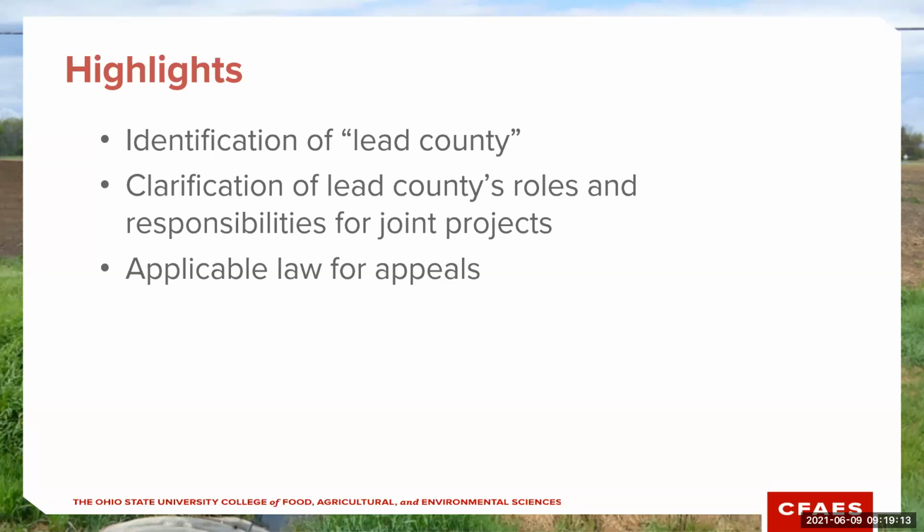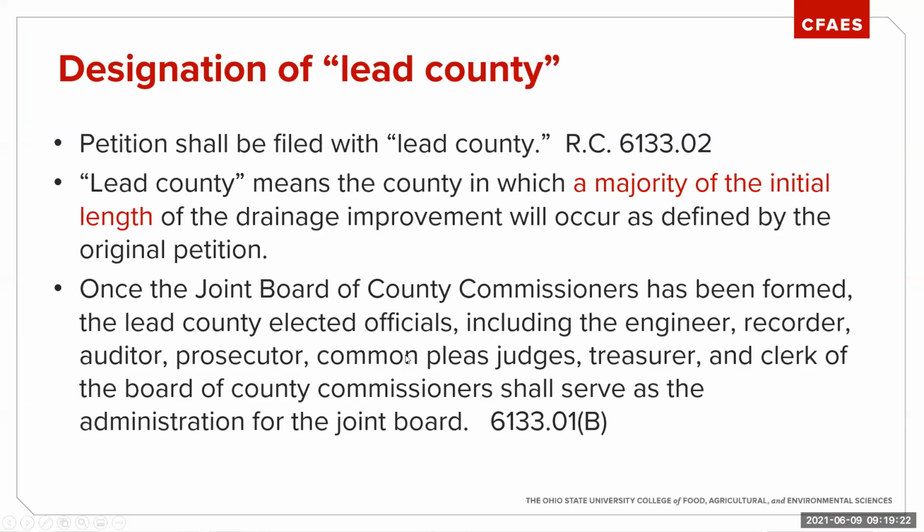We clarified the roles of officials within that lead county for working that petition through the process. So the petition has to be filed with the lead county, whether we're over in 6131 or 6133.